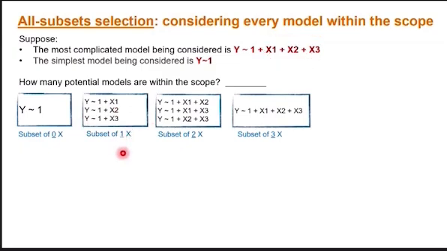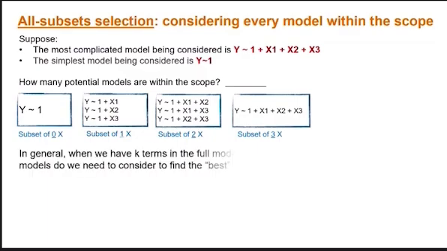So which means when you say all subset selection, you are going to fit all models. And after fitting all models, you will now decide using the criteria of model selection, which model has the lowest AIC, or which model has the lowest BIC, or which model has the largest adjusted R squared. But you know what?